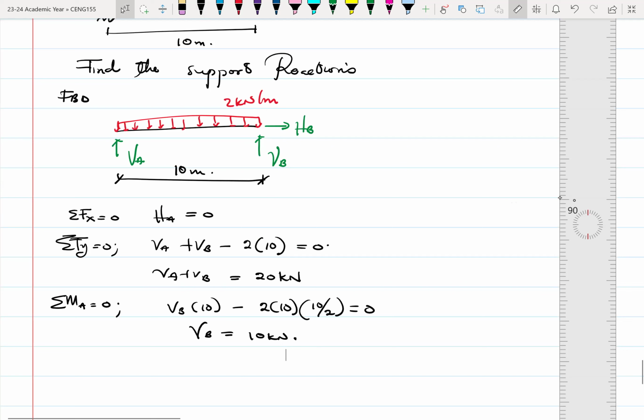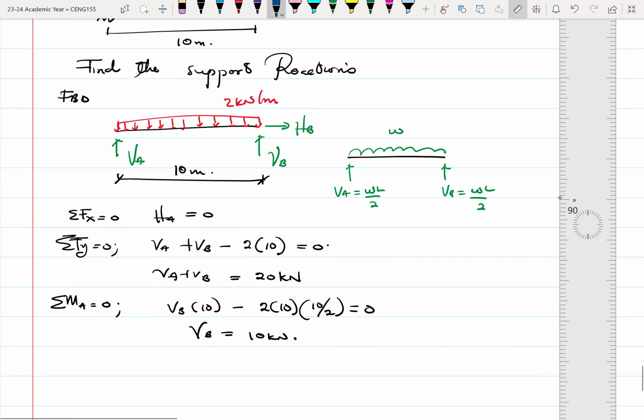The other way to look at it, let me just have this on the side. It's always good to have a few things on the side. If this is W, and I have this here, my VA is WL over 2, my VB is also WL over 2.